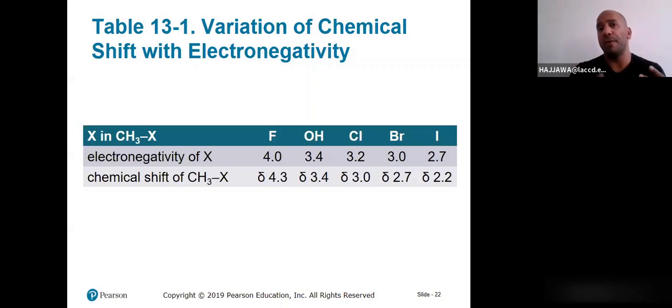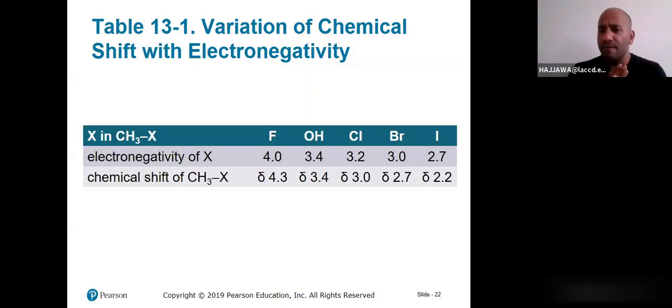So if you have, for example, ethane or methane or any alkane, you will always see those CH3, CH2, or CH show up in that region of 0 to 1 ppm, sometimes a little higher, to 1.5 ppm, if it's a tertiary carbon, meaning you have a CH attached to 3 other carbons. But if you have a CH2 attached to 2 carbons, you will see it more upfield, meaning less than 1.5. And the one that's going to show up the very first would be the primary carbon, when you have a CH3 attached to another carbon.